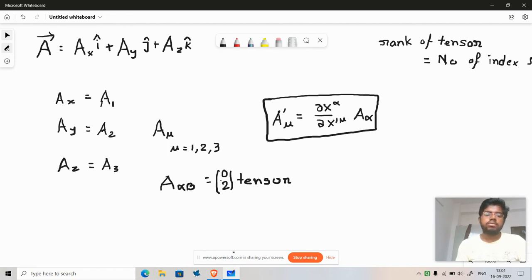So how can I know the number of components of a particular tensor? There is a formula. Suppose you are in d dimensions, and the tensor has r indices, then the number of components will be d power r.